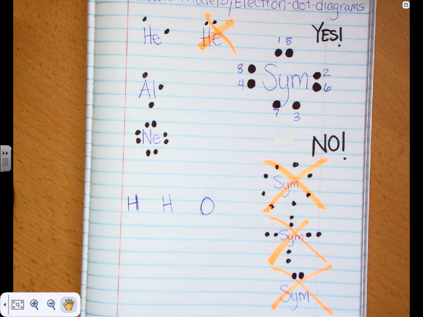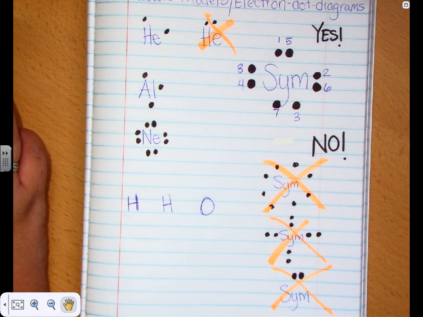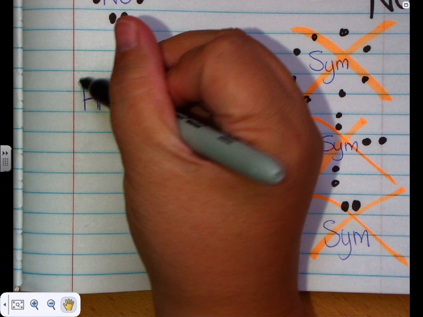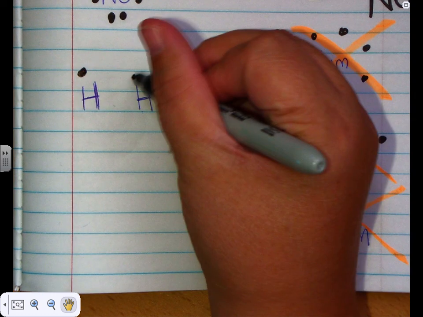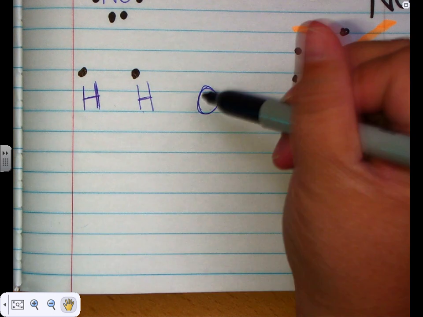Your hydrogen Lewis model should look like this. Your oxygen should look like this because there were 6 valence electrons.